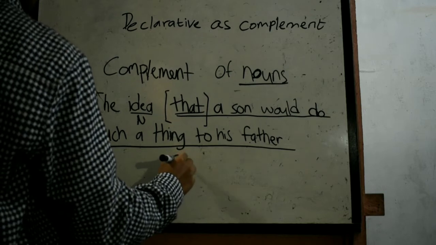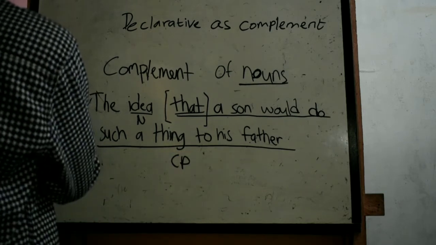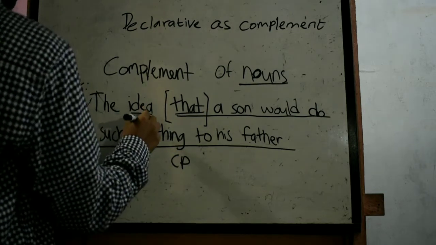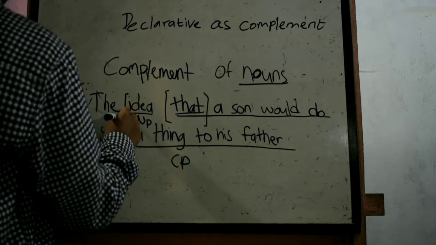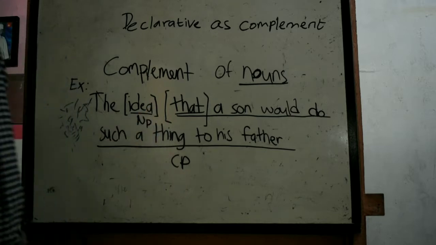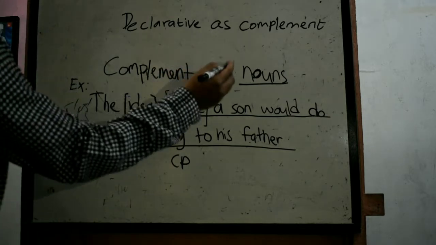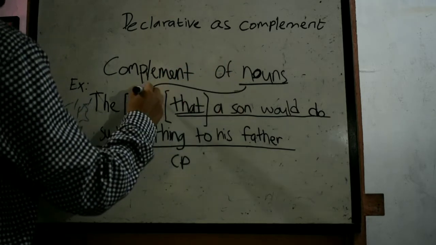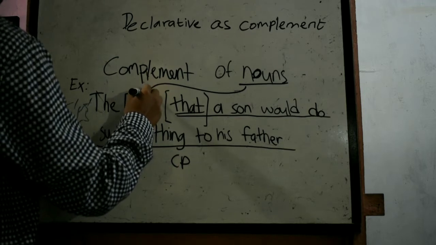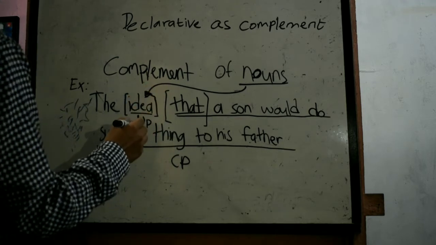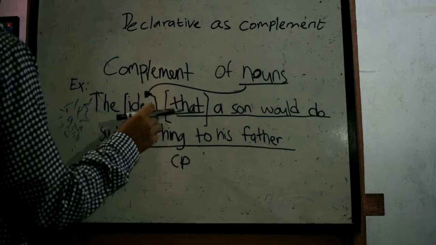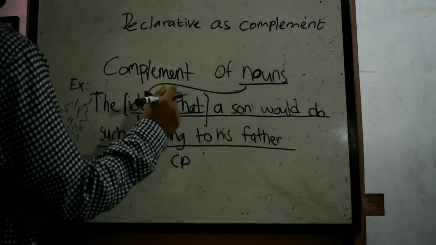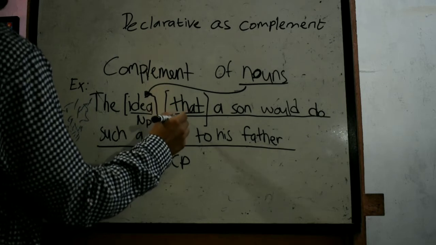This is a complement. An idea is a noun phrase, and the noun refers to idea, and we can identify it because after the noun phrase there is a subordinate that.